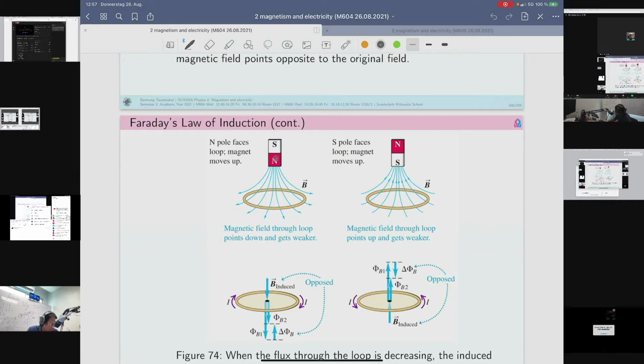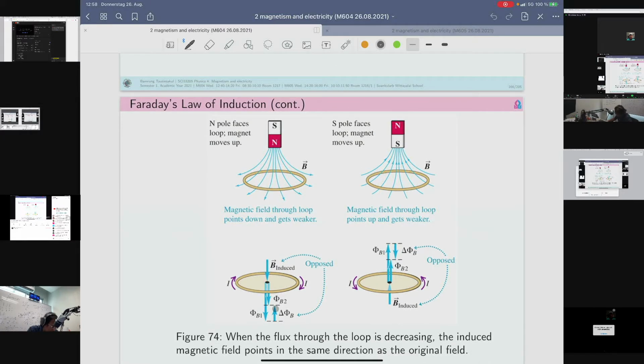So we get delta phi B, the difference of the flux, and we find that the flux change vector is pointing upward like this. It has a lighter amount of magnetic field, right?